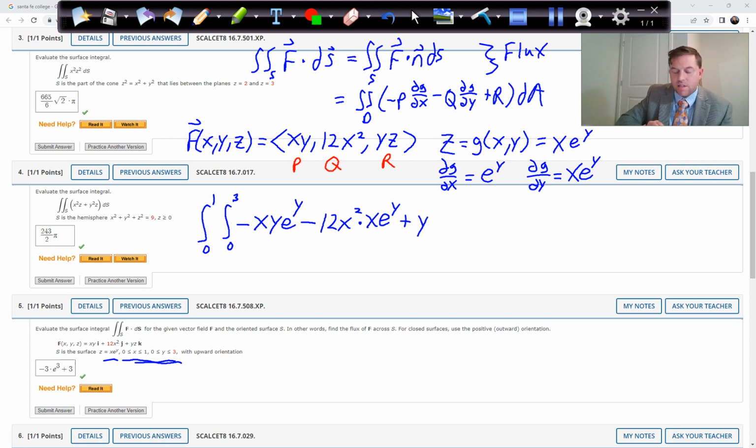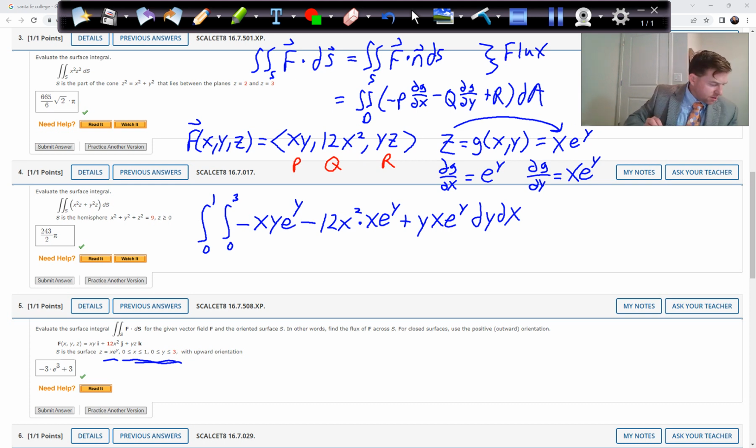But we're not going to use z because we don't want z's in any of this. So we're going to instead use what z is. z is x e^y. So this is y times x e^y. And we're doing derivative of y first and then x.